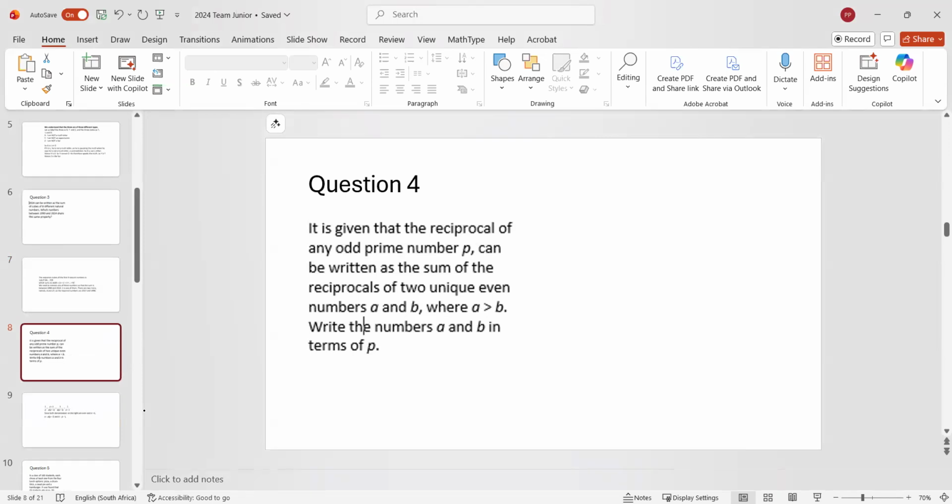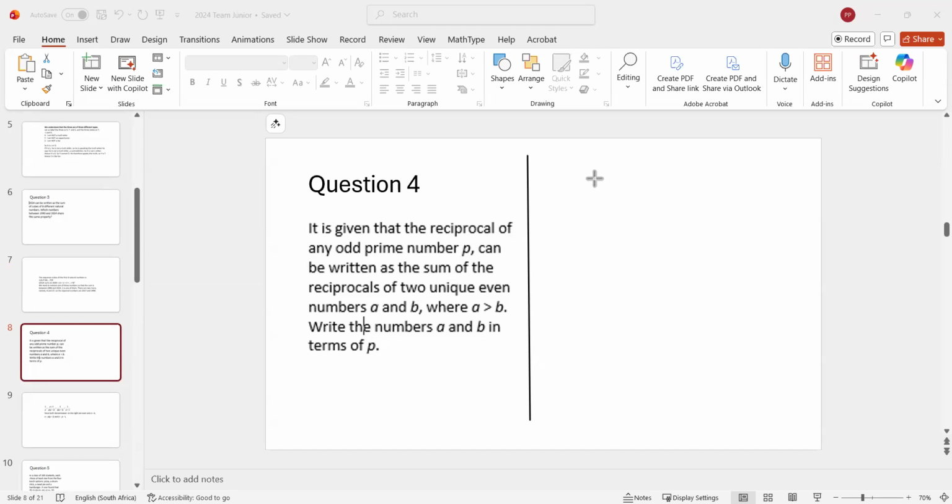Now it is given that the reciprocal of an odd prime number can be written as a sum of reciprocals of 2 unique even numbers A and B, where A is greater than B. Okay, now how do we go around doing this?